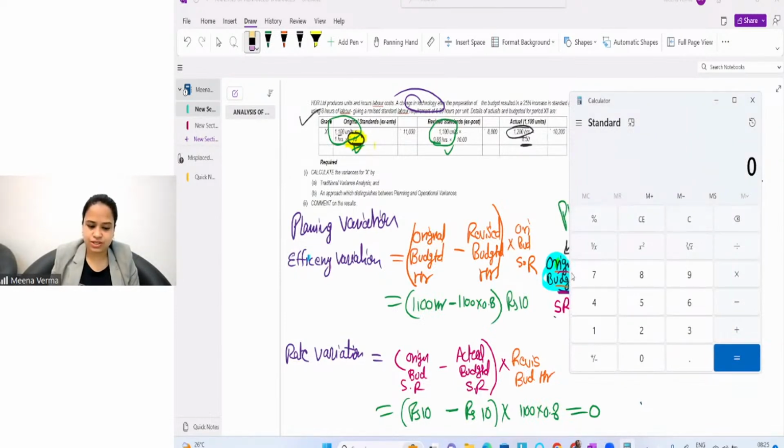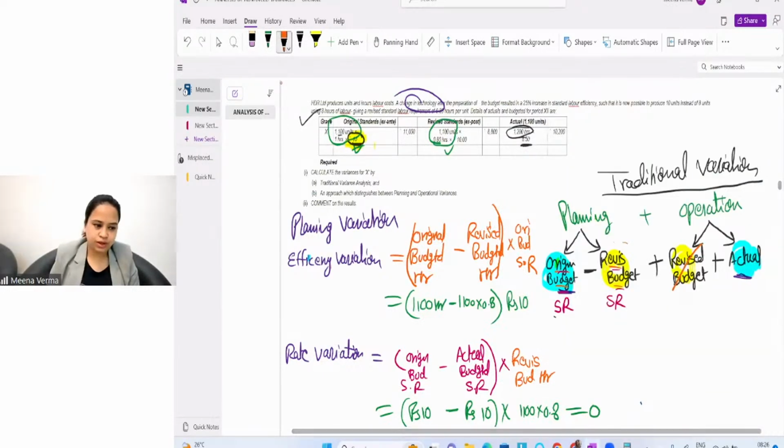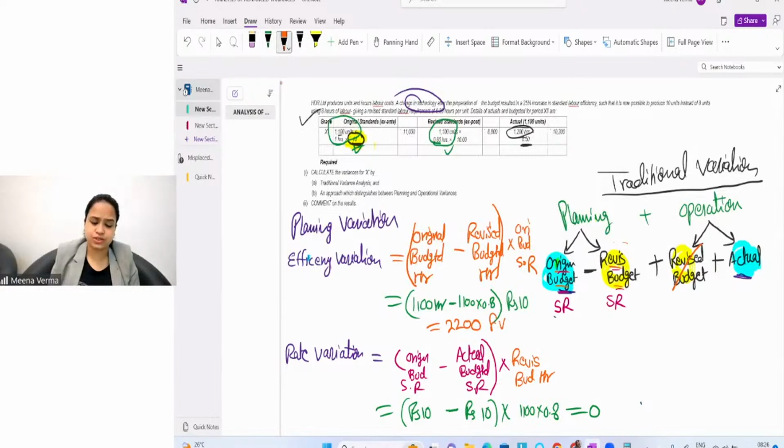Efficiency variation you can see: 1100 minus 1100 into 0.8, that is 220. Okay, 2200. Right. This is my favorable variations.